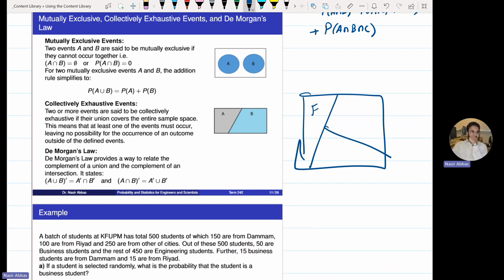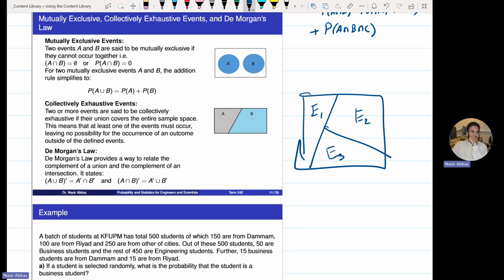This is, let's say, E1, this is E2, and this is E3. Here, E1, E2, and E3 are collectively exhaustive events. Why? Because if I join them together, what do I get? The whole space. So two or more than two events are collectively exhaustive if the union covers the entire sample space. This means at least one of them must occur.